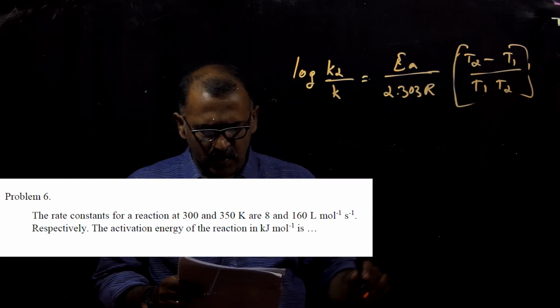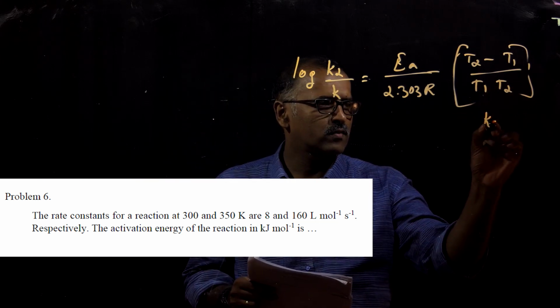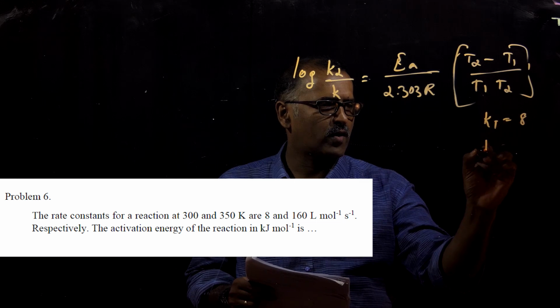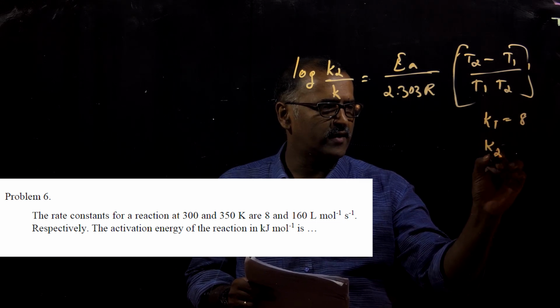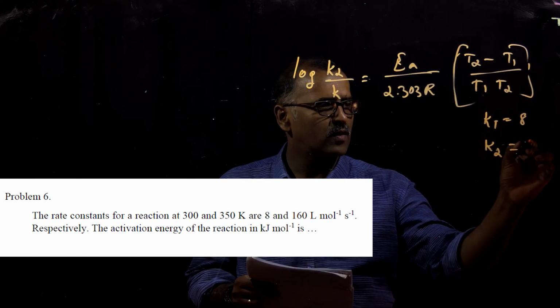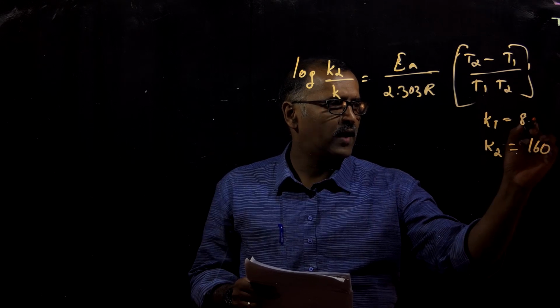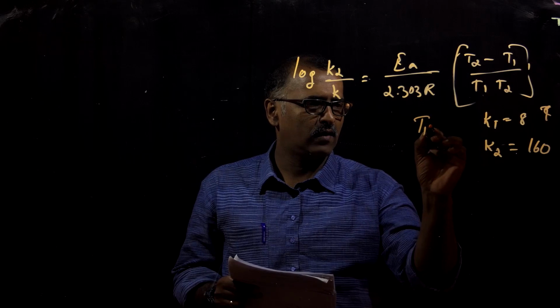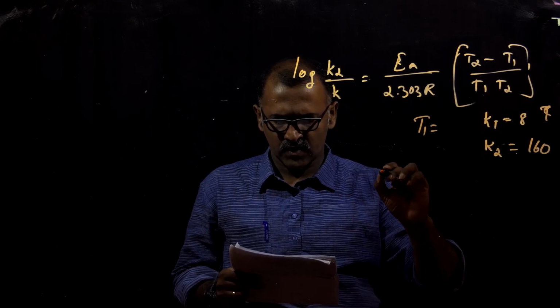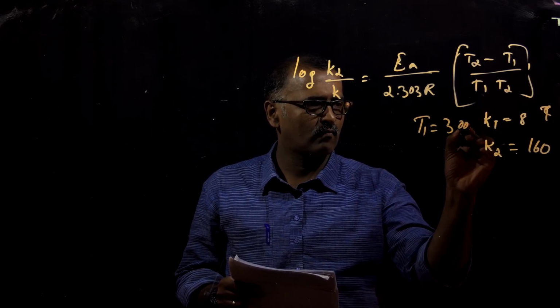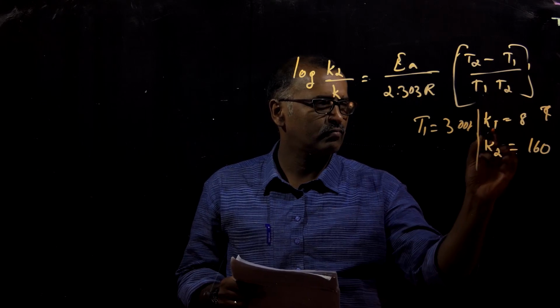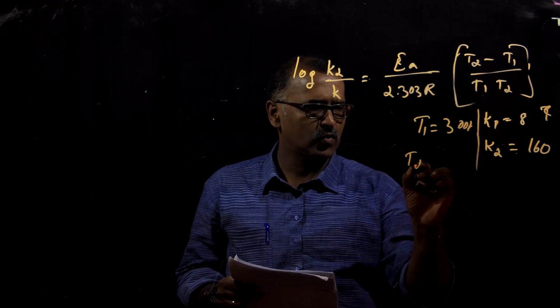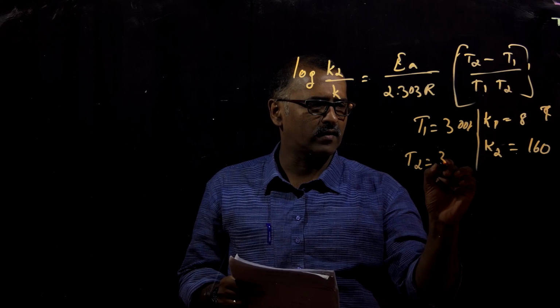Now, given k1 is equal to 8, I'm not writing the rate units. k2 equals 160. k1 is equal to 8 at T1. This is T1, 300 Kelvin, and T2 is 350 Kelvin.